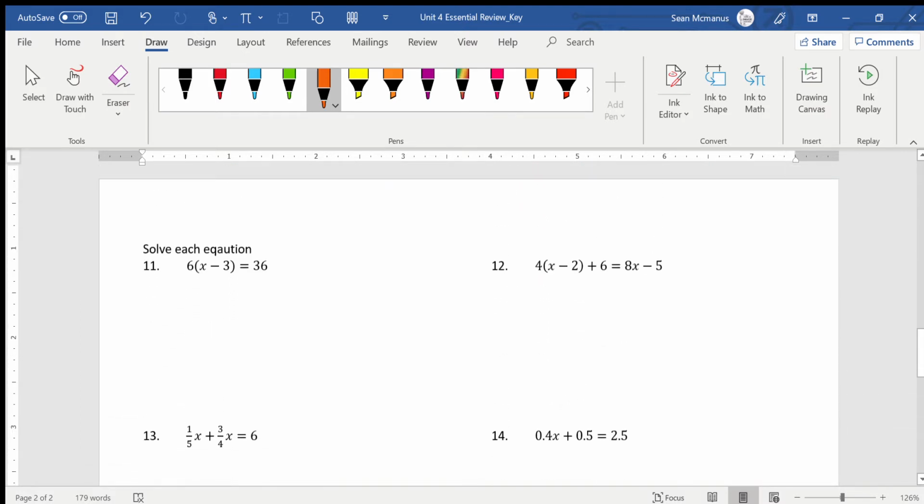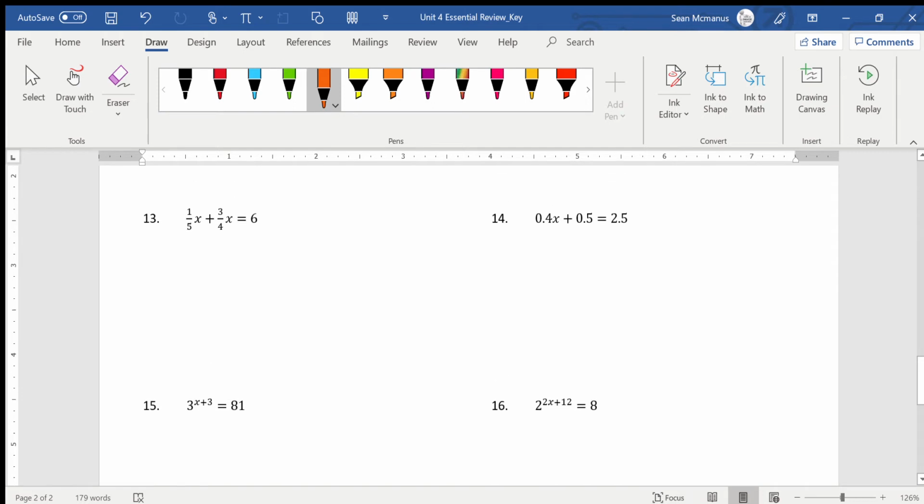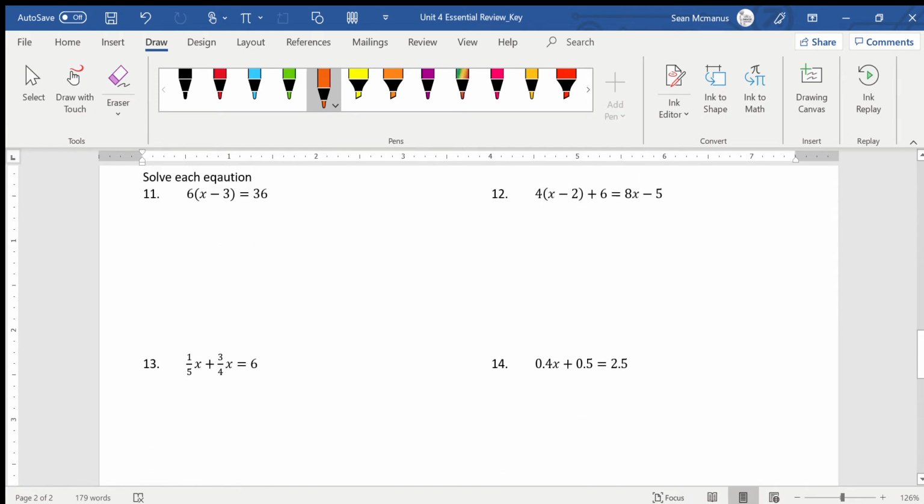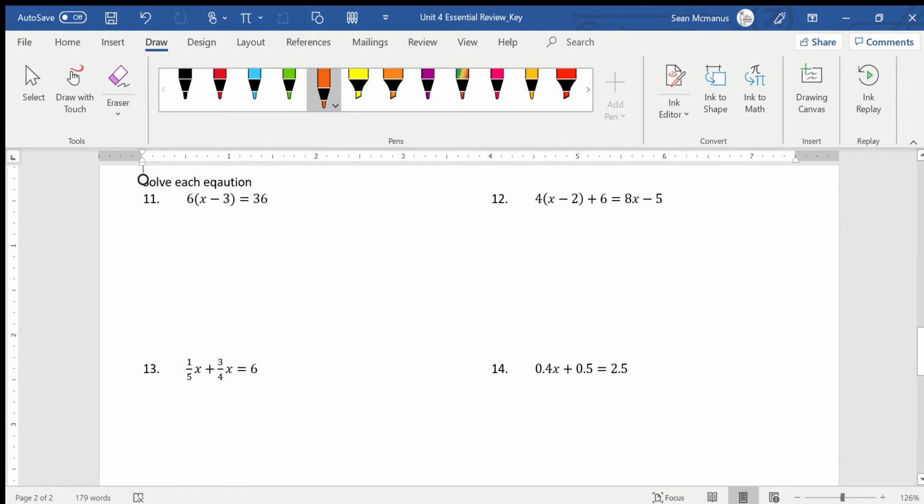So we've got a whole section here on solving. I'm just going to do a couple of these because the video is pretty short. So solve each equation. We looked at a bunch of different ways we could do solving last chapter, so I'm going to focus on what's probably the most used techniques. So we have 6 times the quantity x minus 3 equals 36.